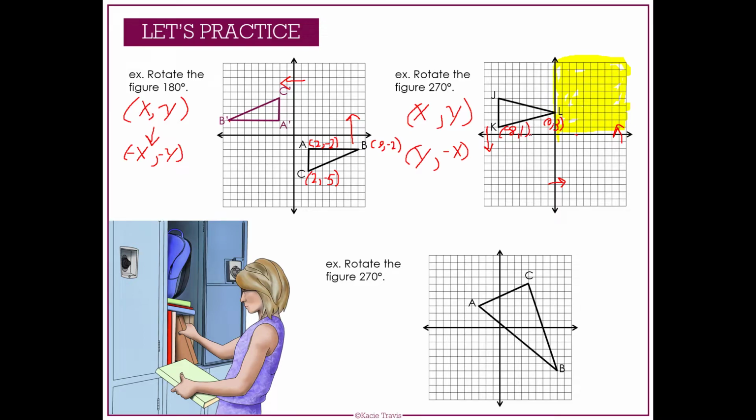So when I rotate this around, I switch around the x and y. So our y, which is 1, comes up in front. Our x, negative 8, comes in the back. And then we change negative 8 to a positive 8. So this will give us 1 and 8, which is right over here.